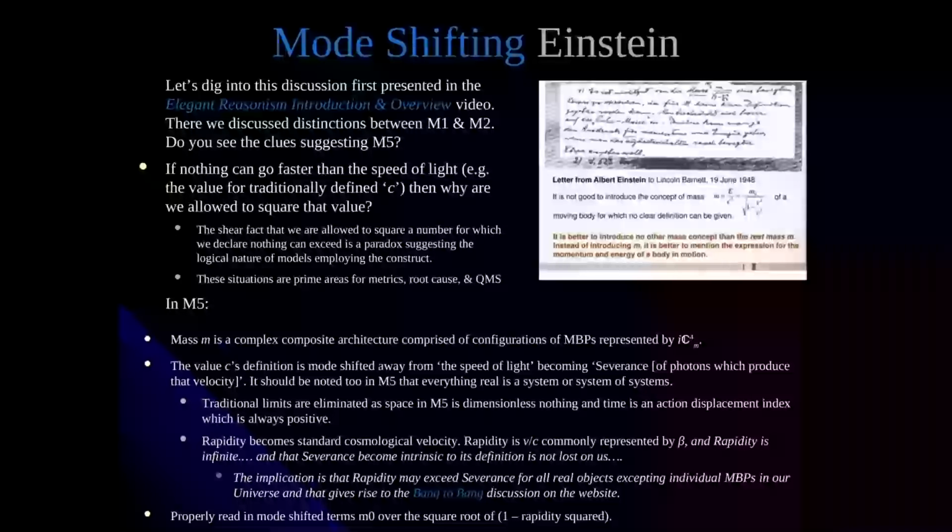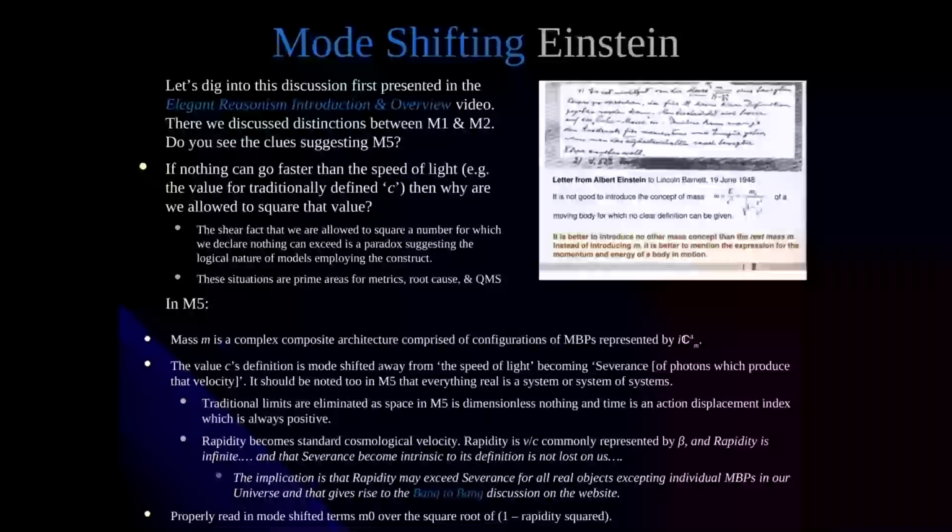In that part of the conversation, Einstein is just making the point that he doesn't think mass is variant, is essentially what he's saying there. So if mass is not variant, why are we allowed to square it? Does that make any sense? No, it doesn't. And the sheer fact that we are allowed to square a number for which we declare nothing can exceed is a paradox suggesting the logical nature of the models employing the construct.